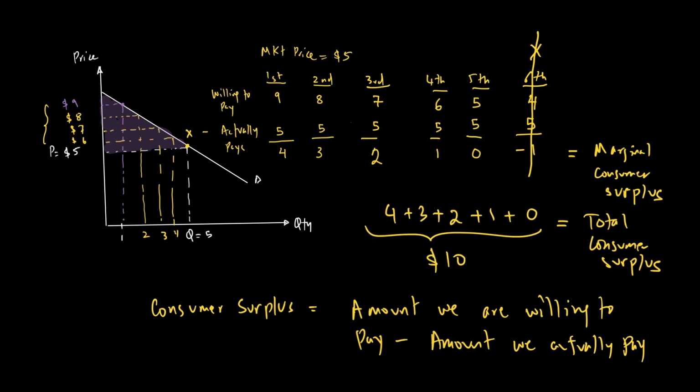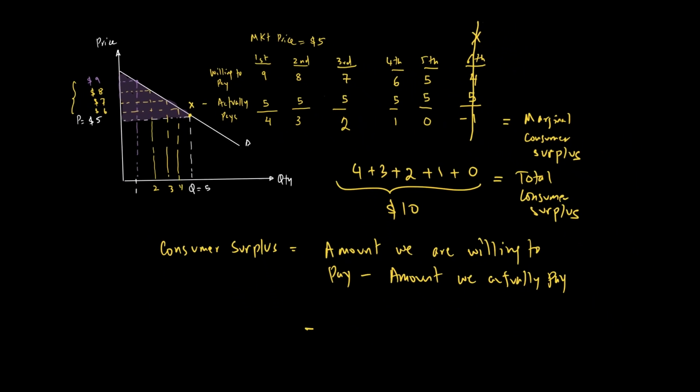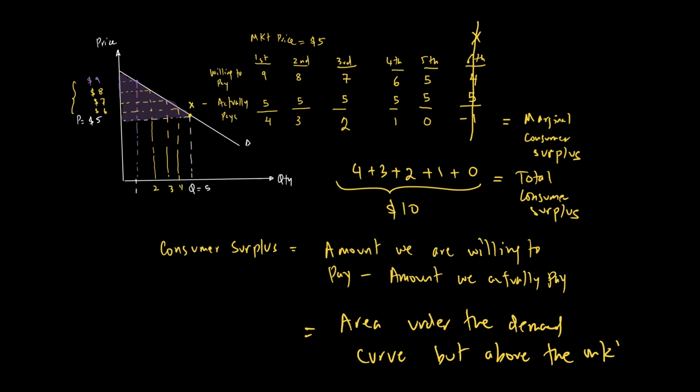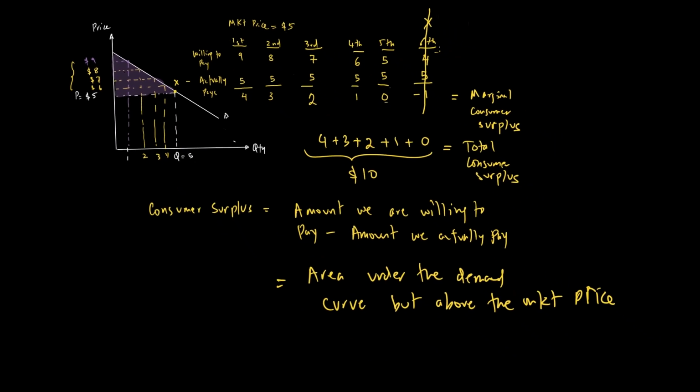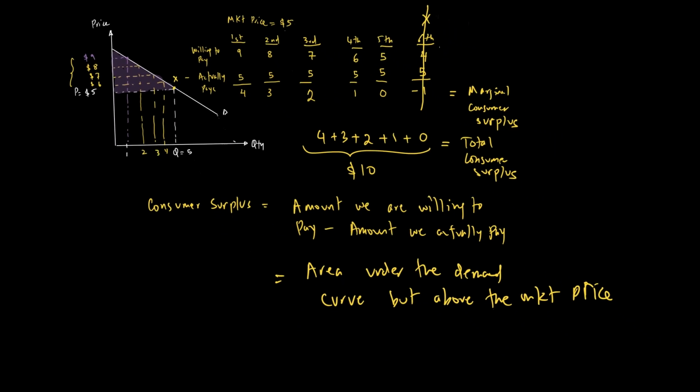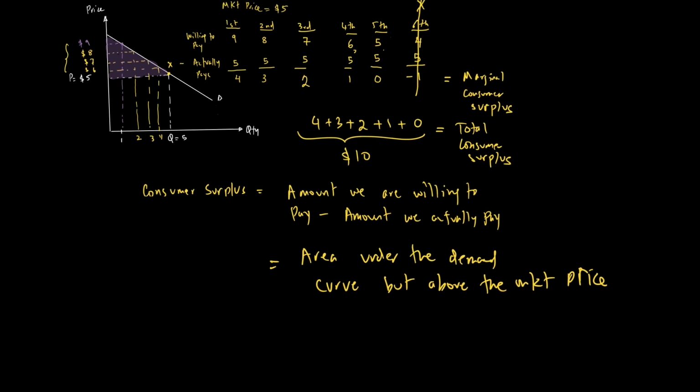And that in turn would mean area under the demand curve but above the market price. So all of this area under the demand curve but above the market price is what I call my consumer surplus, and that is basically good news for the consumer because that is telling us what he's willing to pay minus what he actually paid.